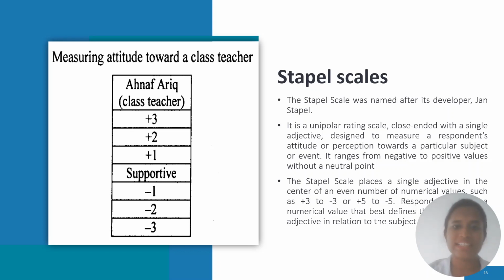It places a single adjective in the center with an even number of numerical values, such as positive 3 to negative 3 or positive 5 to negative 5. Respondents choose the most suitable response from this rating. That's how the Stapel scale works.